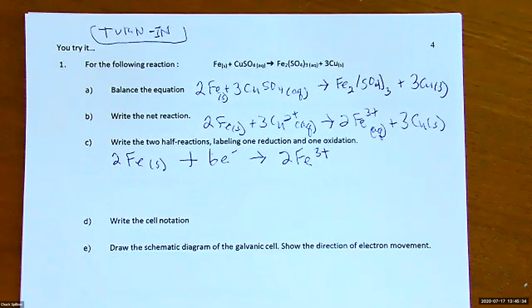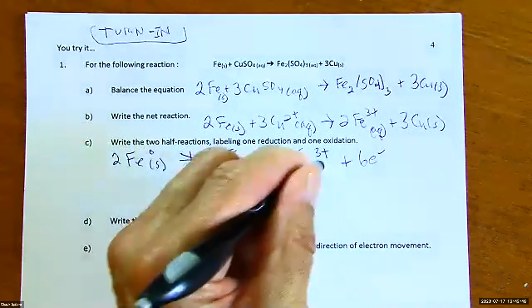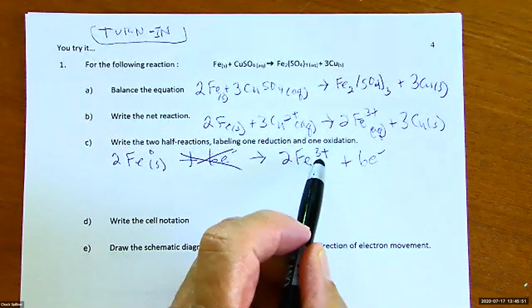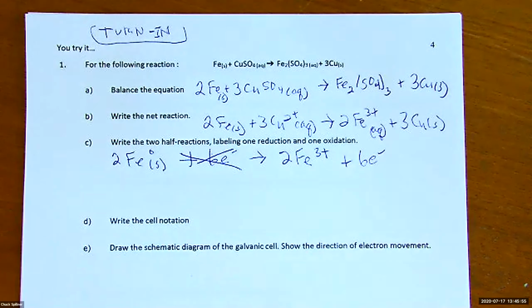Okay, I didn't write that correctly. Let me fix it. There we go. I put the electrons on the wrong side, but I can always fix that. So we have going from iron 0 to iron 3 plus. We have 6 plus on the right side and 6 minus, so that charge equals the right side.